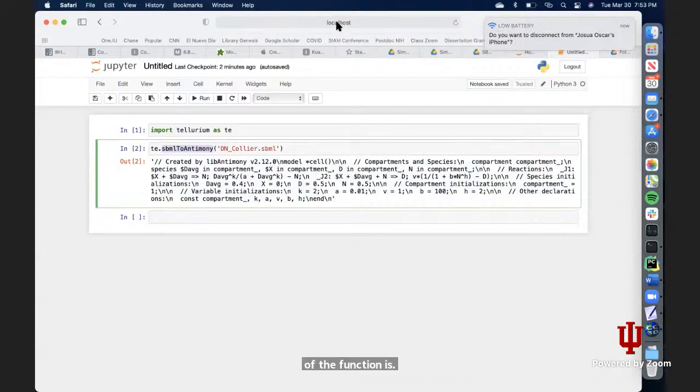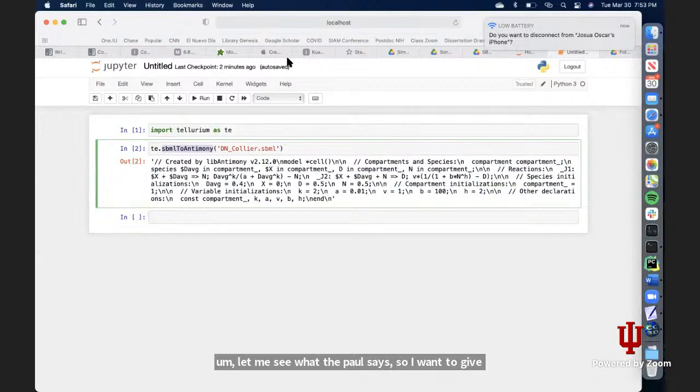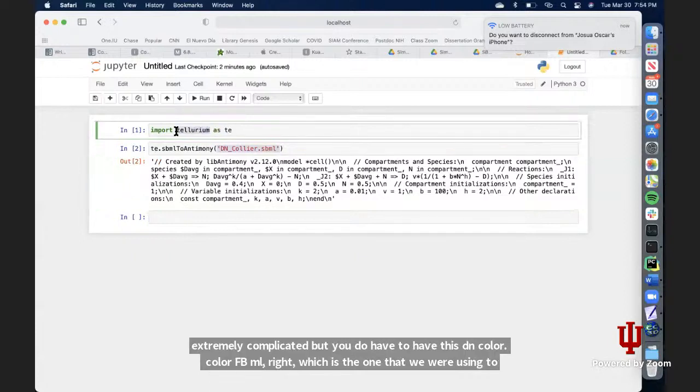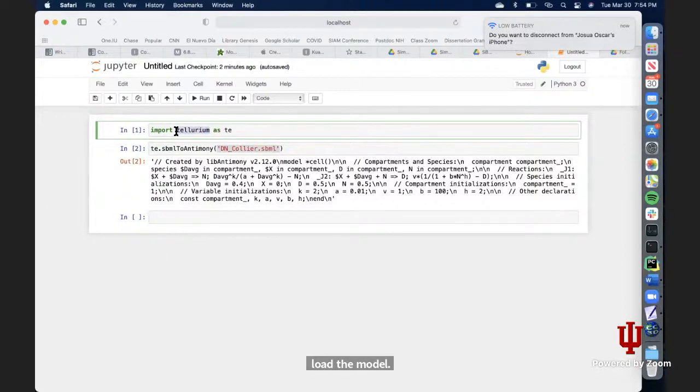Let me see what the poll says. I want to give everyone a chance because it's not extremely complicated, but you do have to have this function, the one we're using to load the model. And you have to have the Tellurium package installed locally if you want to run it locally. If not, you can use the Tellurium tool in NanoHub that is immediately available to you.